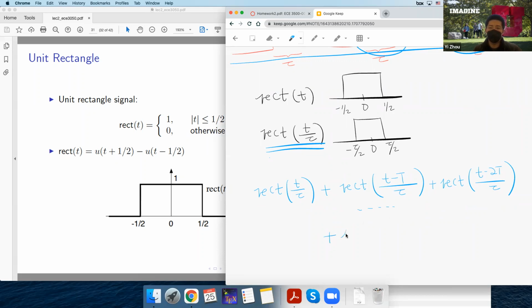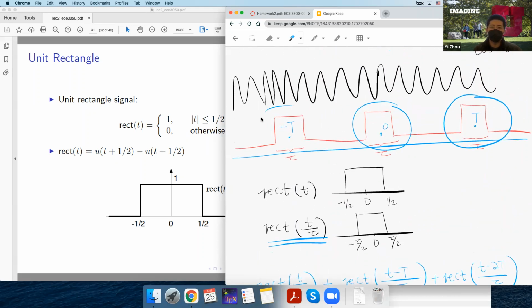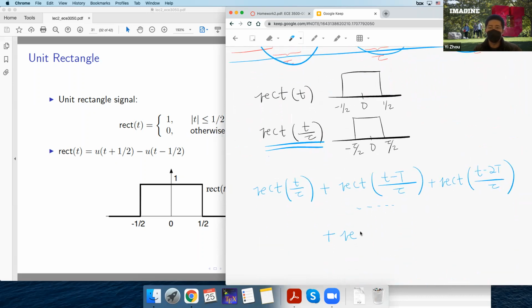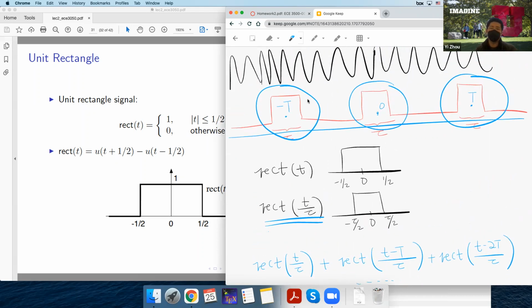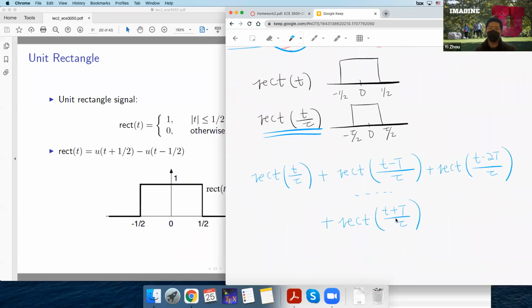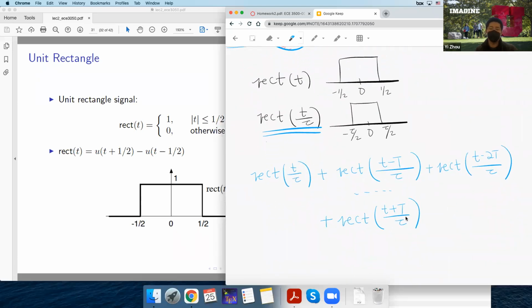And then on the left, we have this copy, which is shifting to the left by T units. So I'm shifting the rectangle to the left by T units, so it's rectangle of t plus capital T over tau. And that's only the first copy. We have the second copy, and so on.